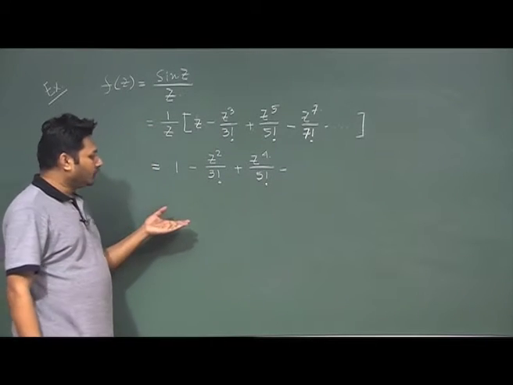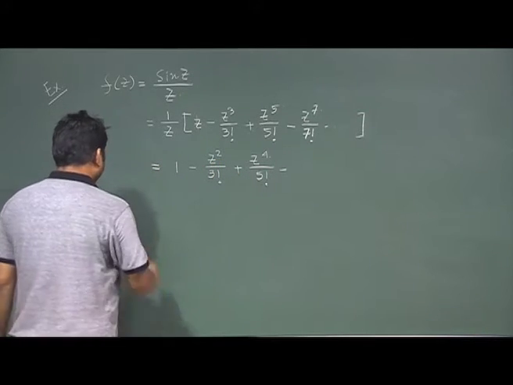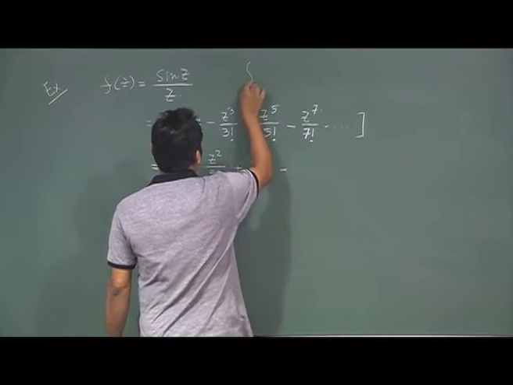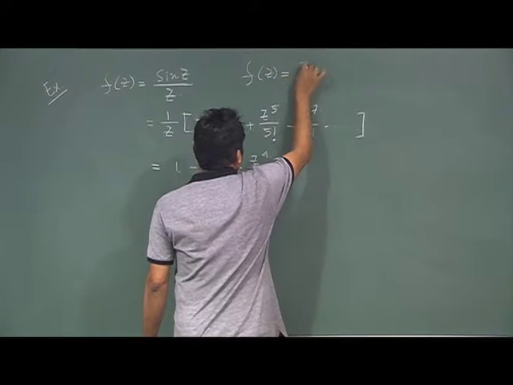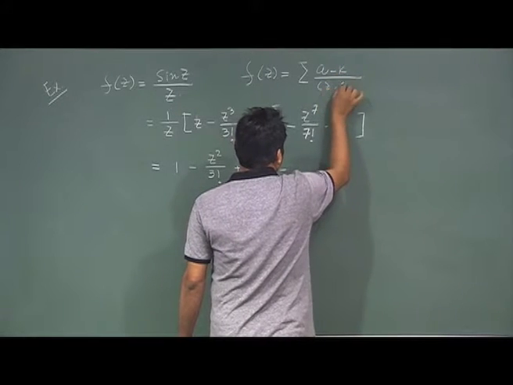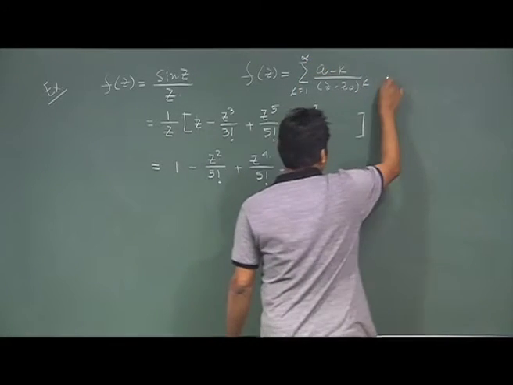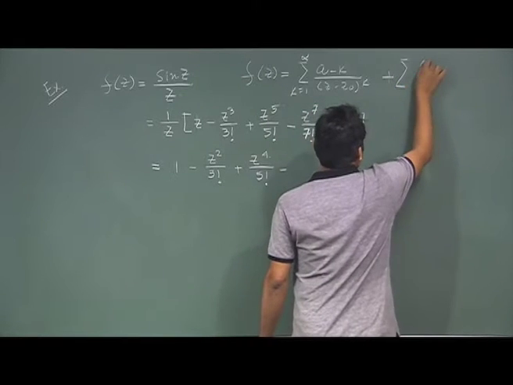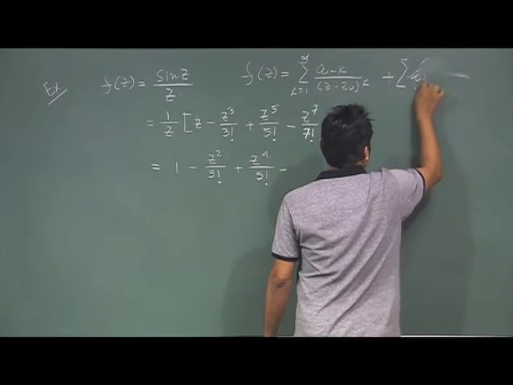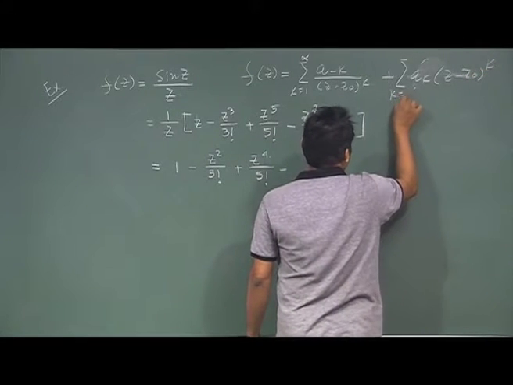Now I want to tally this expression with the Laurent series expansion. Let me write how the Laurent series expansion was given. It was a_{-k} divided by (z - z0)^k, where k runs from 1 to infinity, that is the first part, the principal part, and the second part was a_k multiplied by (z - z0)^k, where k runs from 0 to infinity.